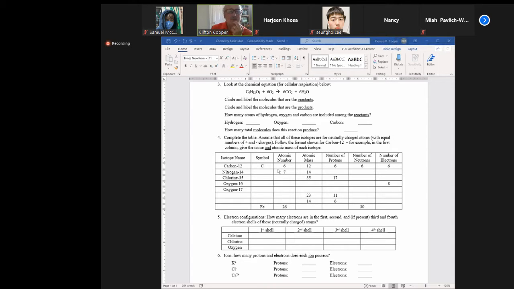Now notice the atomic number is the same as the number of protons, and it's the same as the number of electrons if we have equal pluses and minuses. It happened in this case to be the same as the neutrons, but that's not always going to be the case with these. But if you know that this column and that column are all the same, then you've got enough information in every case to work them out.